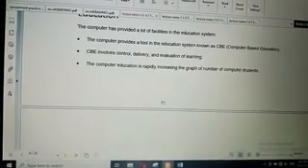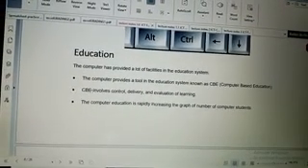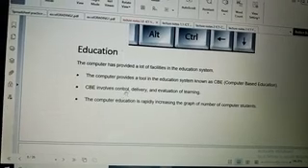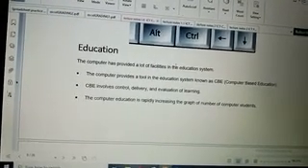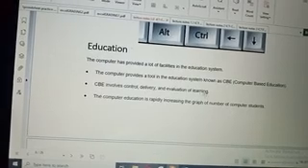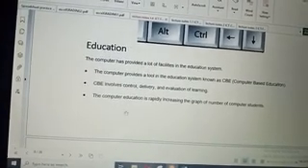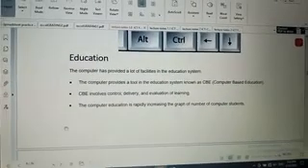In education, the computer is widely applied. The computer provides a tool in the education system known as CBE, computer-based education. CBE involves control, delivery, and evaluation of learning. That's a way in which we control learning, we deliver, and we evaluate the way in which we are learning.